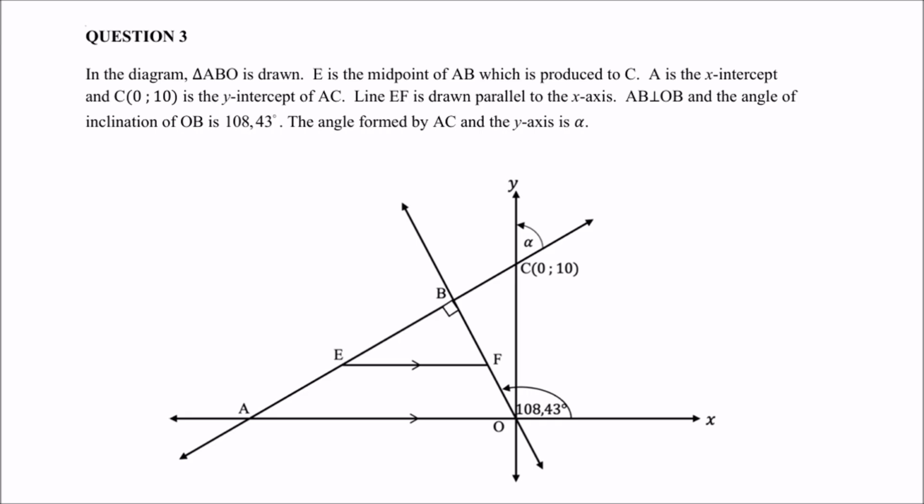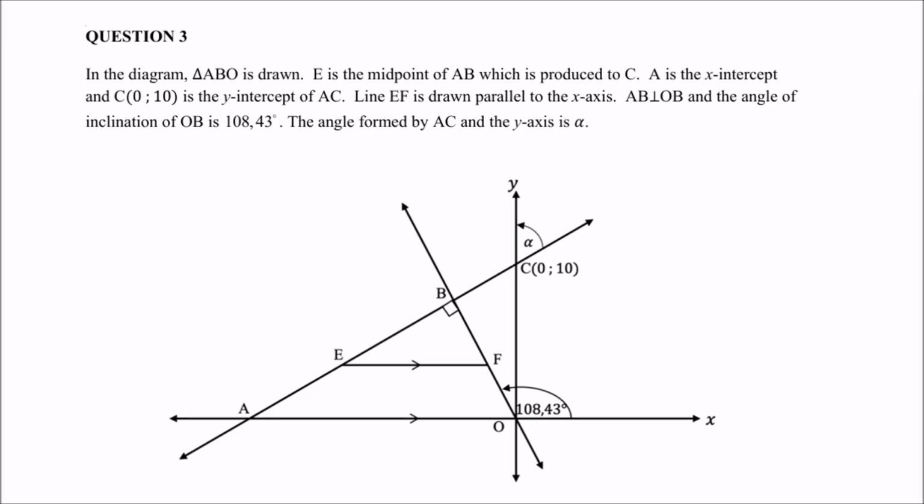Line EF is drawn parallel to the x-axis. AB is perpendicular to OB, and the angle of inclination of OB is 108.43 degrees. Now the angle formed by AC and the y-axis is called alpha. Please have a good look at that sketch.